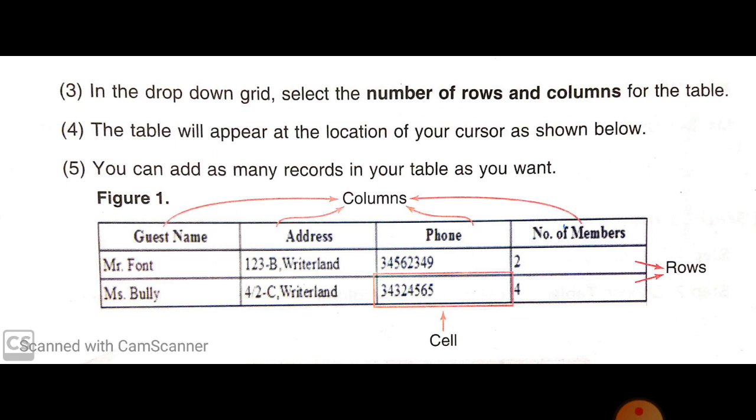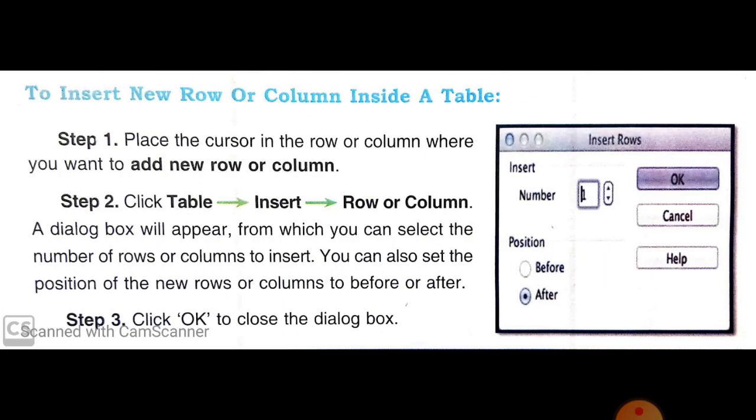You can insert a table by using two methods, the menu method or the toolbar method. Now, to insert a new row or column inside a table. Step 1. Place the cursor in the row or column where you want to add a new row or column.